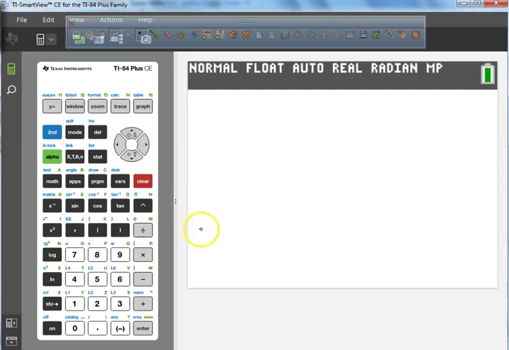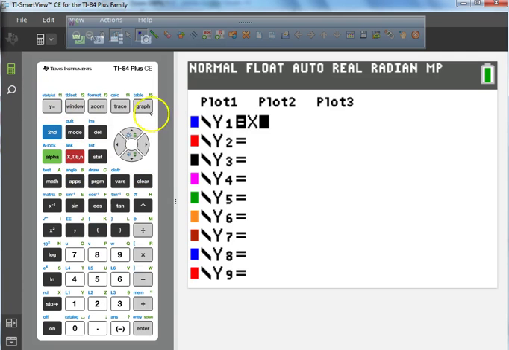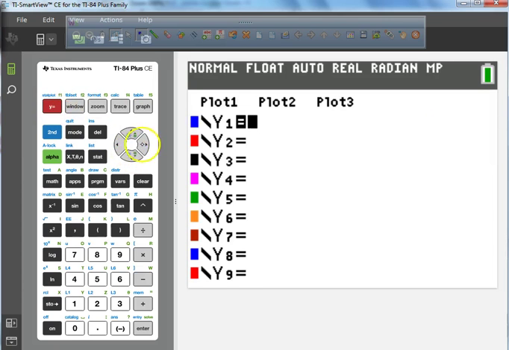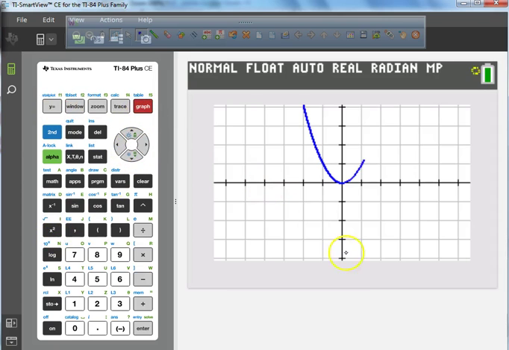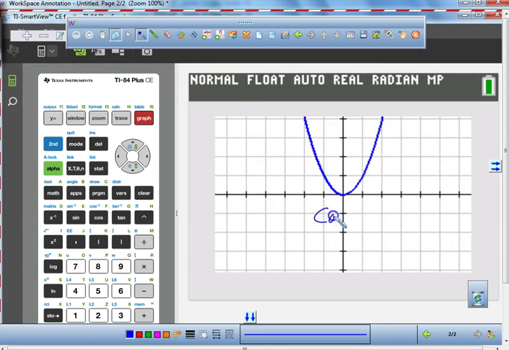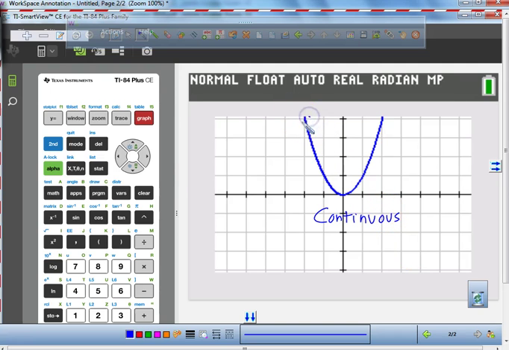But if you have a function, for example, the parent function for all linear functions, where you have a line, or if you say x squared, that's not a discrete function, that's considered to be continuous, which is different than just a bunch of dots on a page. Continuous means it just goes on. If I were to trace this, I would be able to keep tracing it forever. It would never finish.